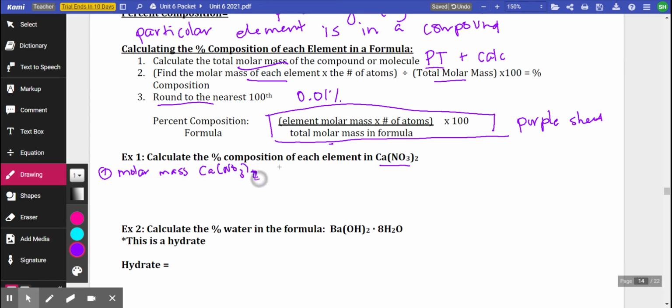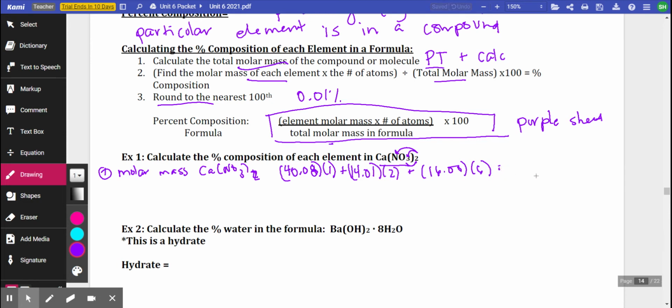So just a reminder, you'll look up the molar mass of calcium on the periodic table, which is 40.08 grams per mole, and you'll multiply that times 1, plus the molar mass of nitrogen, which is 14.01, and you'll multiply that by 2, because remember this subscript 2 distributes to each of these. Okay? Plus the molar mass of oxygen, which will round to 16, times 6, 2 times 3.